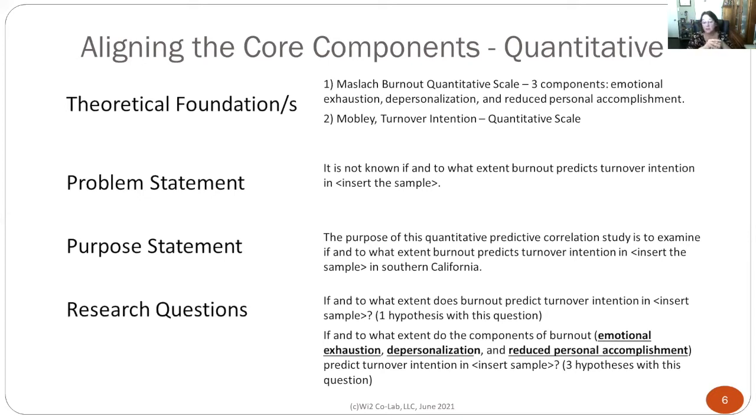And then we have the second research question: if and to what extent do the components of burnout, emotional exhaustion, depersonalization, reduced personal accomplishment, predict turnover intention in our sample? And then you add 3 hypotheses with this. I'm not here to teach quantitative. What I'm trying to show you is how alignment works.